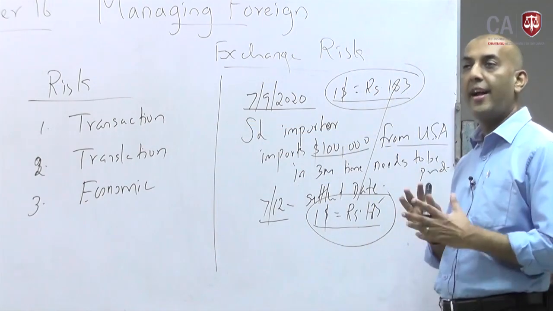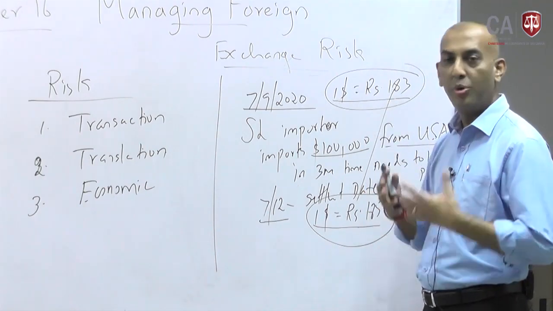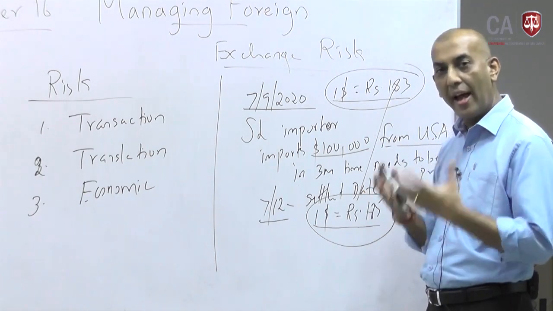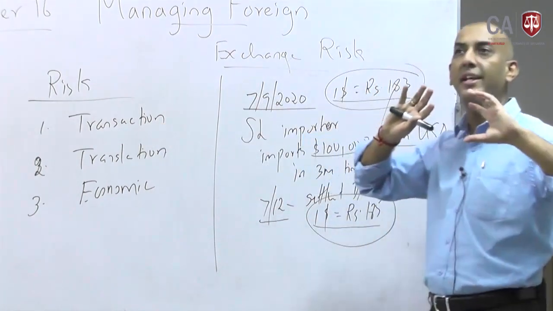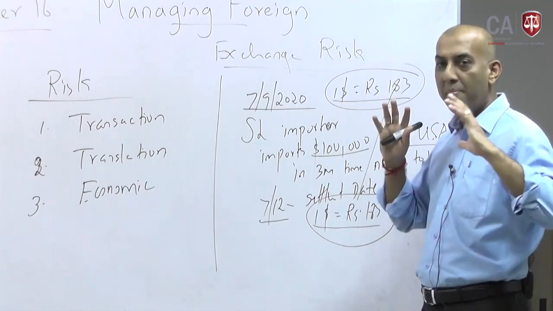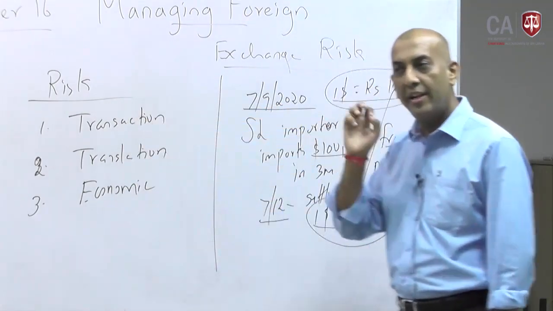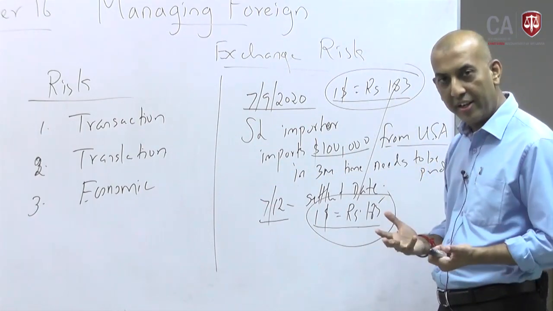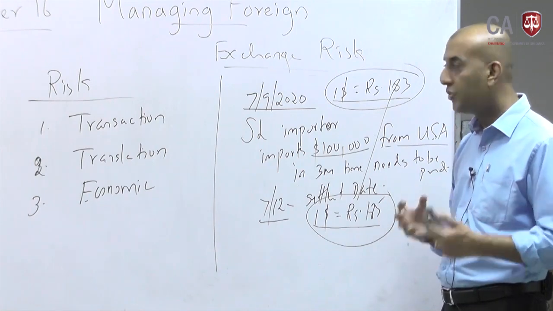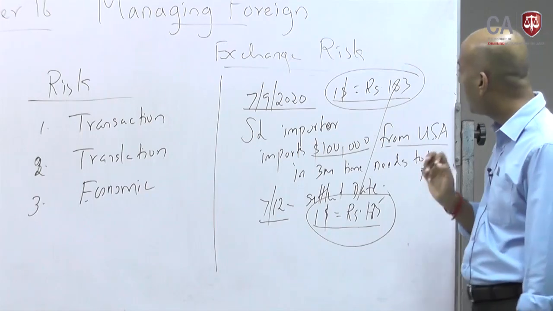If you take the exchange rate risk, most transactions have transaction risk. Whatever we talk about exchange rate risk, I would say a larger component is the transaction risk. Generally, on a day-to-day basis, any company involved in foreign currency transactions is faced with this risk.